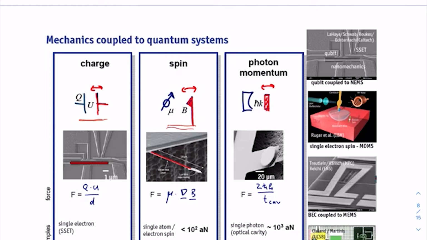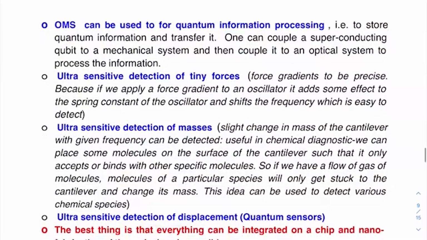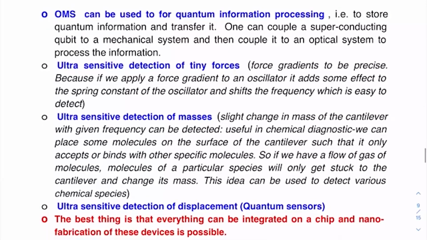Or if we put a mirror, just like here, in the mechanical system, it gets coupled to photons and so on. So the mechanical system acts like a bus system. This way, we have a mechanical transducer that allows us to make different quantum systems interact, which otherwise would not have interacted. Maybe we'll come to this particular topic later on as well.